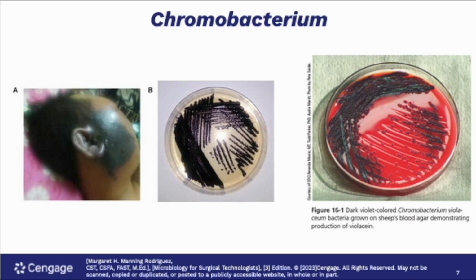So these bacteria are not part of the normal human microbiota, but are found in soil, water, and animals. Infections caused by this can have a very high mortality rate due to the production of endotoxins.